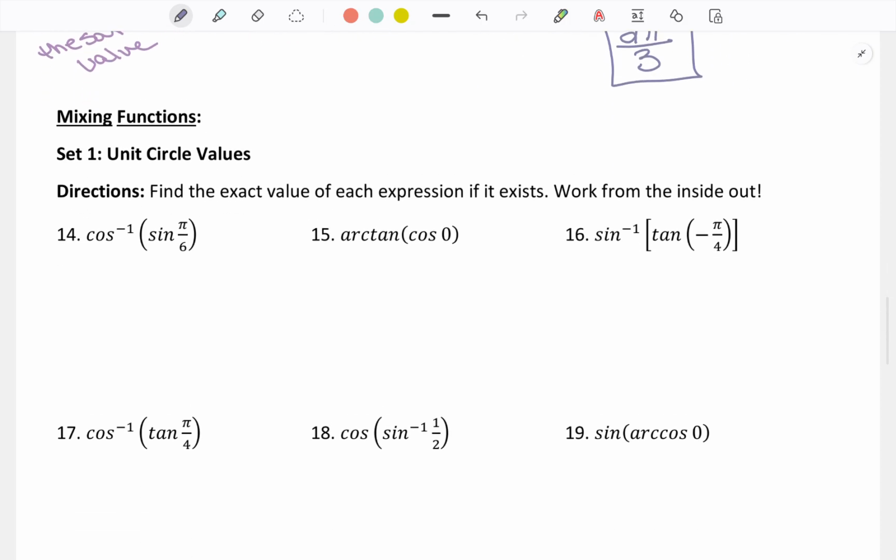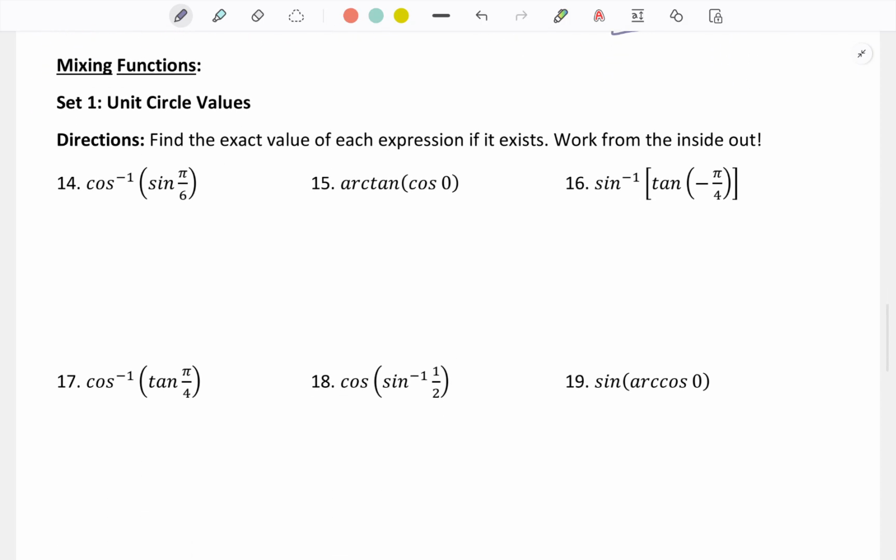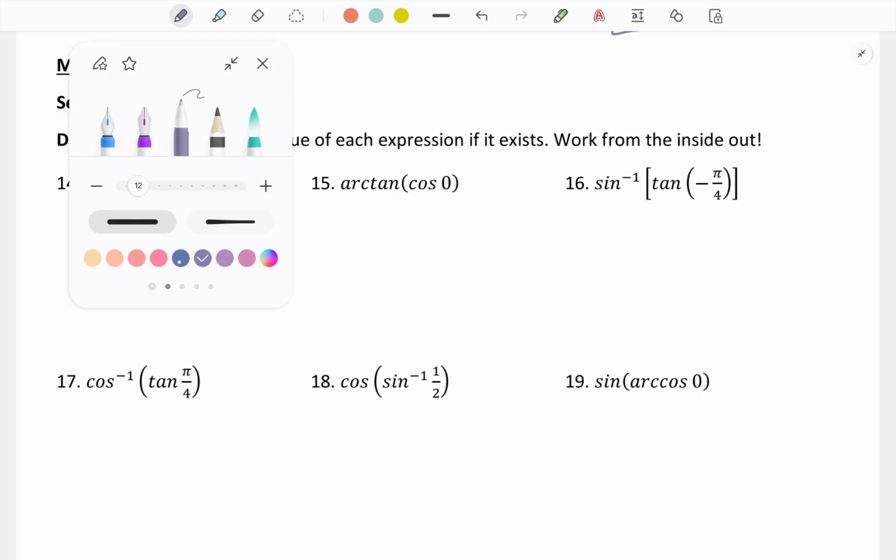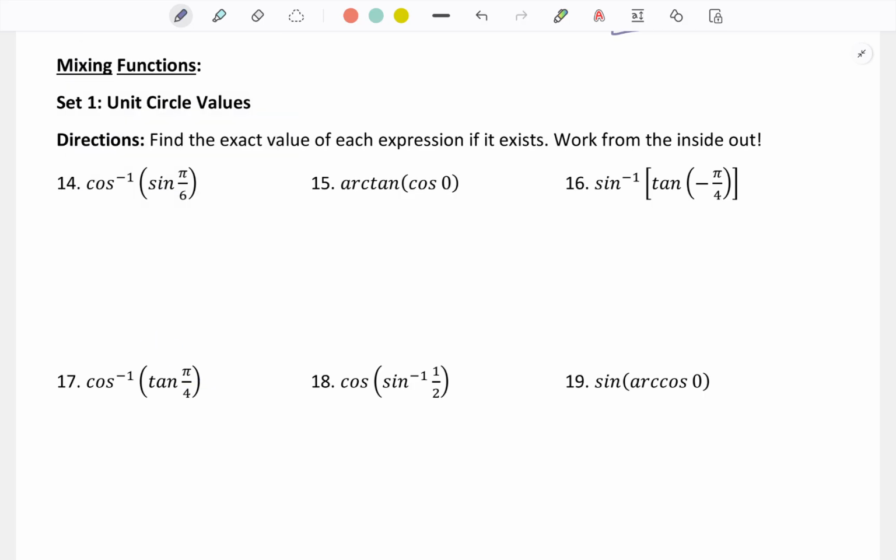Okay, so now we're going to make it a little bit more interesting, and we are going to mix up our functions. So instead of having the exact same one, we'll work from the inside out to find the exact value. So we're going to start with the sine of pi over 6.